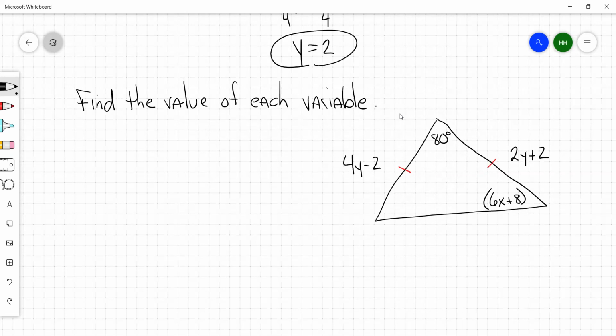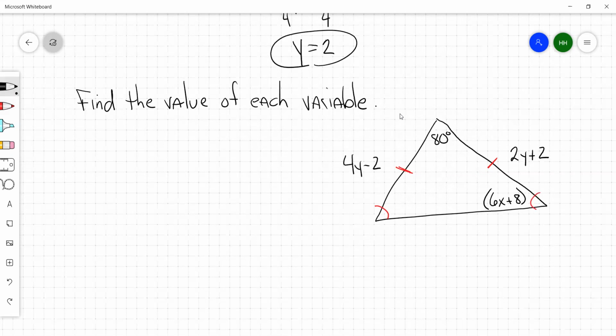While you're writing, can anybody tell me what kind of triangle that is? A little louder? It's isosceles, isn't it? If two sides are the same, what do you know about the opposite angles? Aren't they the same?